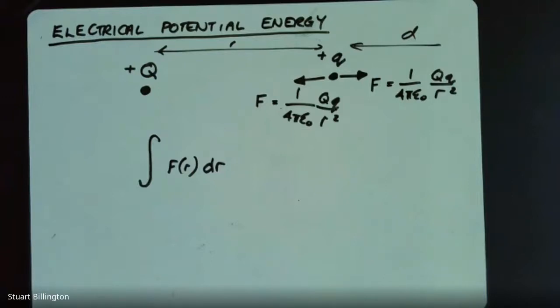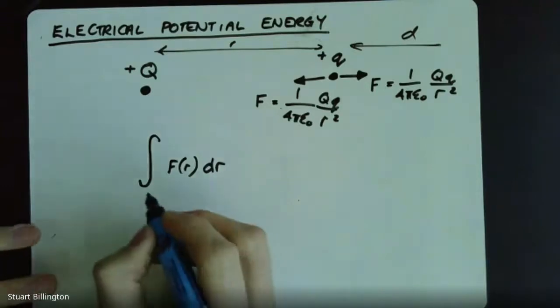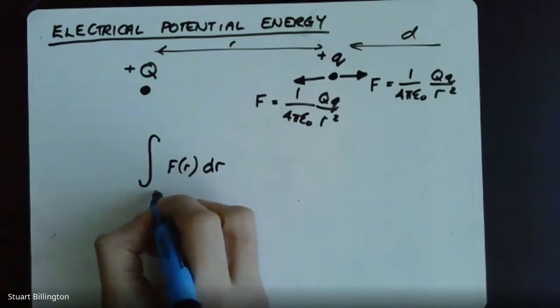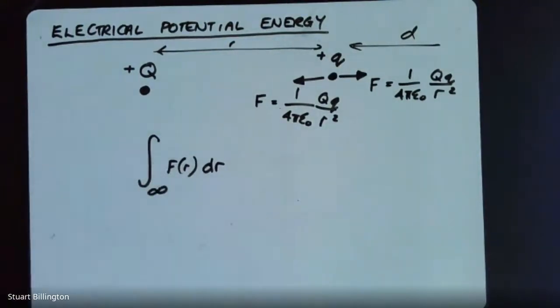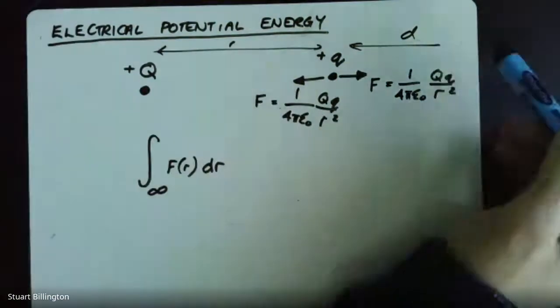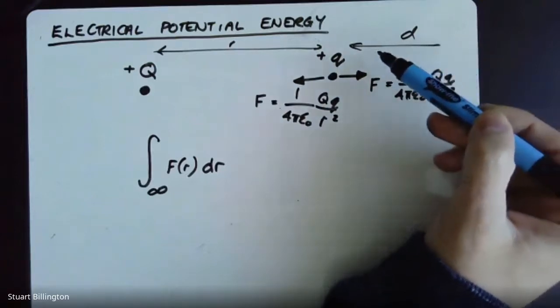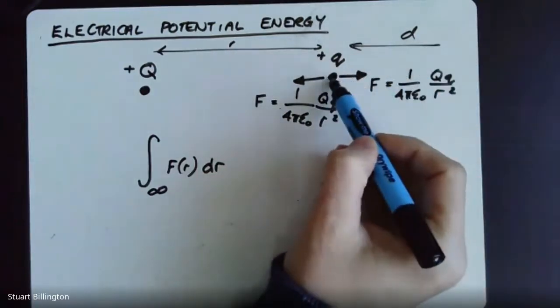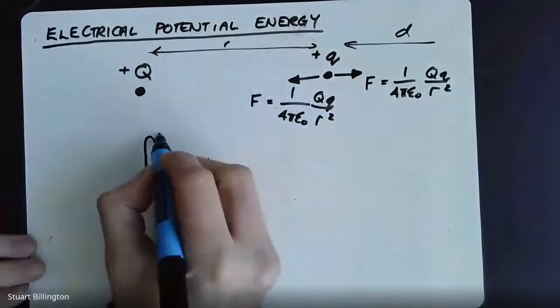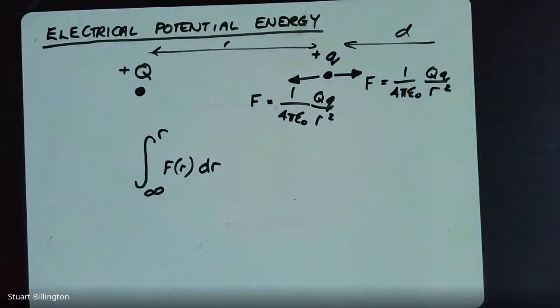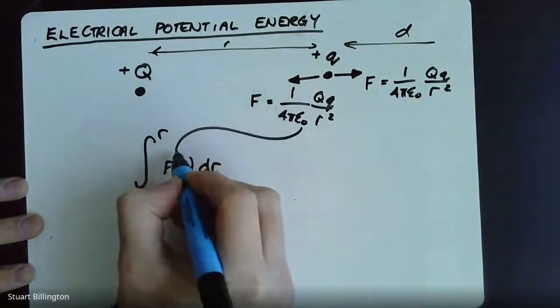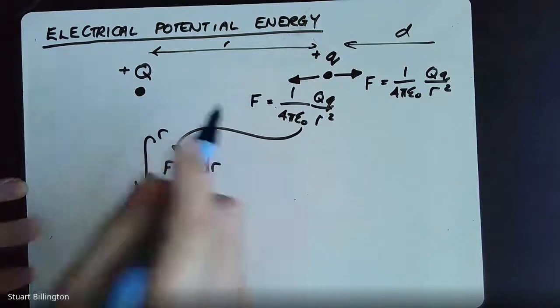So for the purposes of our discussion today, and you might remember why we do this from our discussion of gravitation, we're going to integrate it from a distance that began at infinity, and we're going to bring the charge all the way in from infinity until it reaches a distance r from Q. So that's the integration that we're going to do today, or actually I'm going to skip it out. And then that's the function of R that's going to go in there.